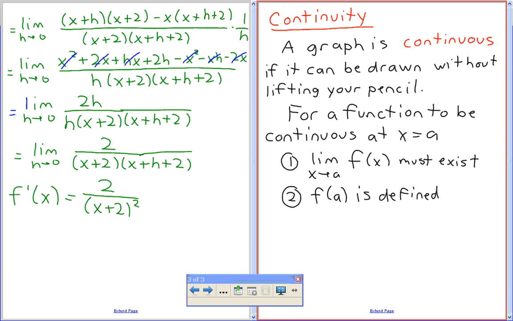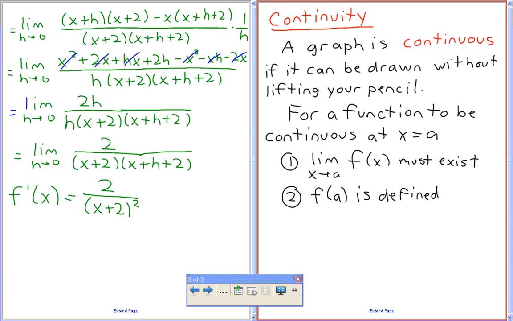Let's say you have something like square roots, where if you take the square root of x, your domain is only x greater than or equal to 0. So in that case, you can't take the derivative of the square root function for negative values of x because they don't exist.